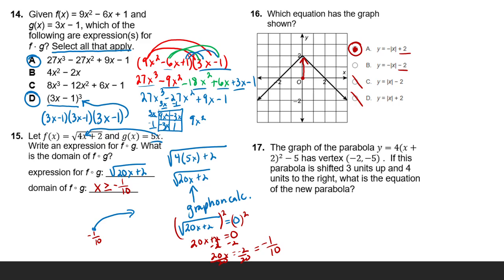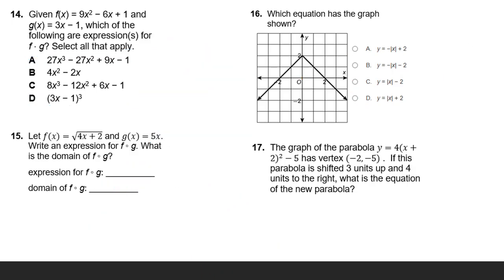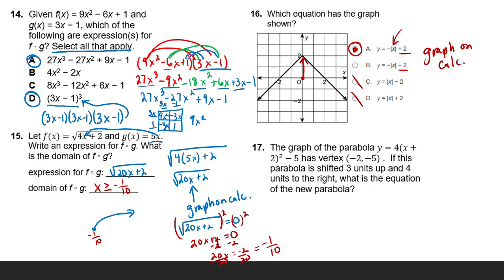Okay, again, since this is a graph, you can graph it on the calculator. You could go through and graph those equations on the calculator and determine which one of those actually looks like this graph. Okay, and if you want to find absolute value on the calculator, you would go to Math, then go over to Num, and number 1 is your ABS.